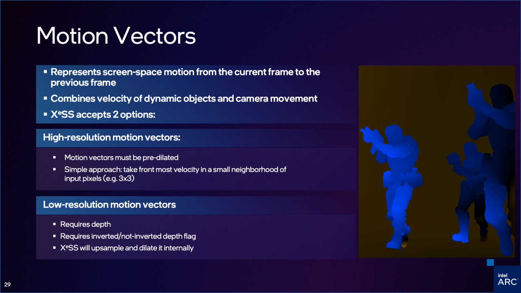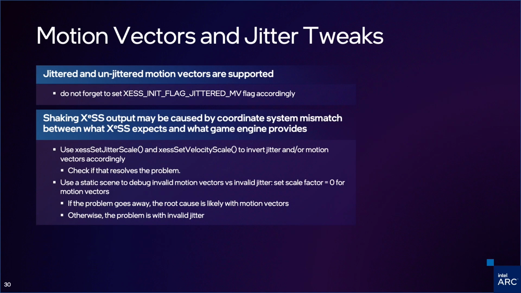If the game engine is able to provide high-resolution motion vectors, then those are preferred because they are more accurate. Motion vector accuracy directly impacts XeSS history warp accuracy, which in turn impacts XeSS visual quality aspects such as disocclusions, ghosting, and even flicker. XeSS supports both jittered and unjittered motion vectors as inputs.